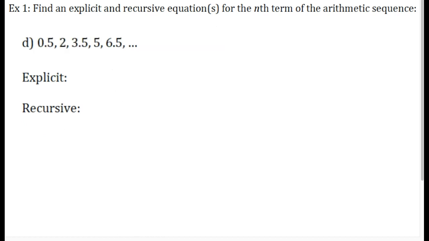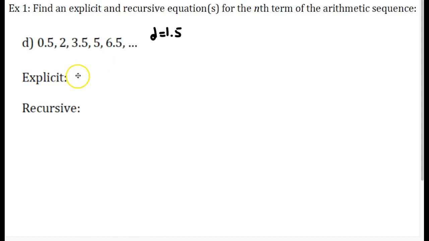Okay. Then d here, again, I need my common difference. So again, we can probably see that we're adding 1.5 every time, but if you can't see that right off the bat, to calculate that, take any term and subtract the term before it. So I would end up with d is equal to 1.5.